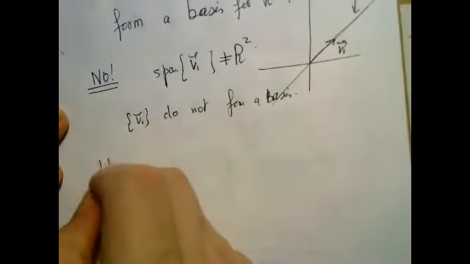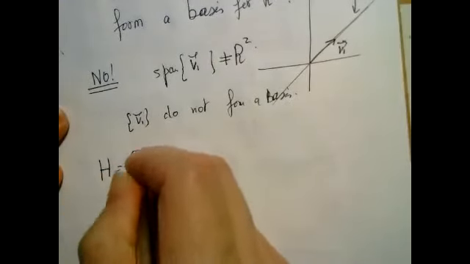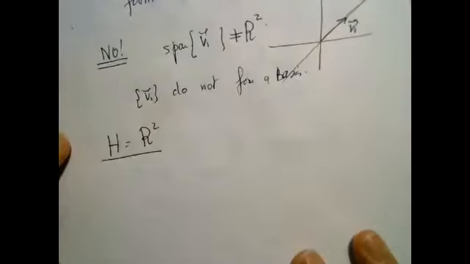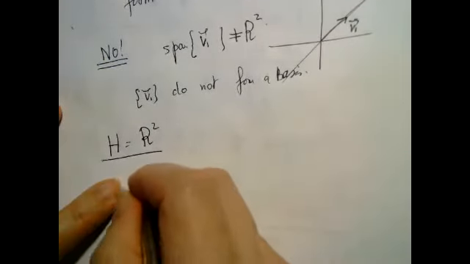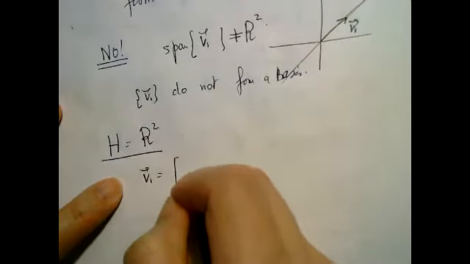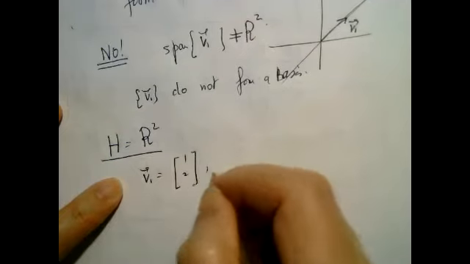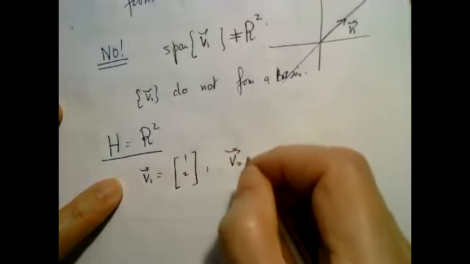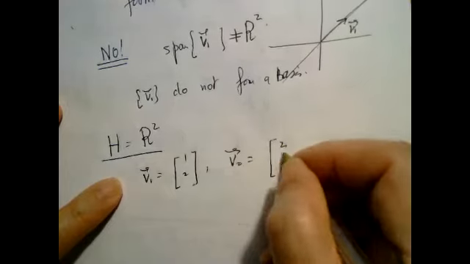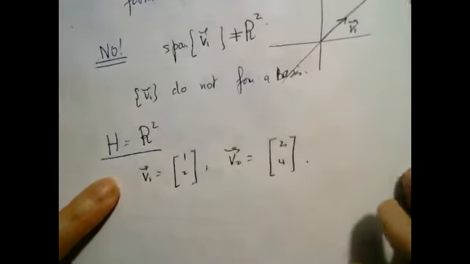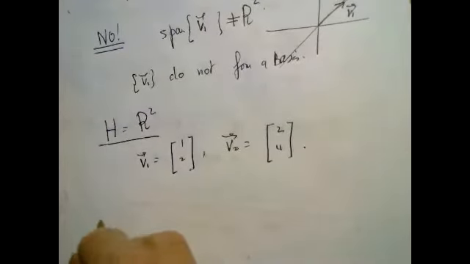Okay, one more for R2. And then I can move to R3 and other stuff. So again, my subspace is R2. And these are my vectors. I'm giving them fairly easy vectors. And do they form a basis?